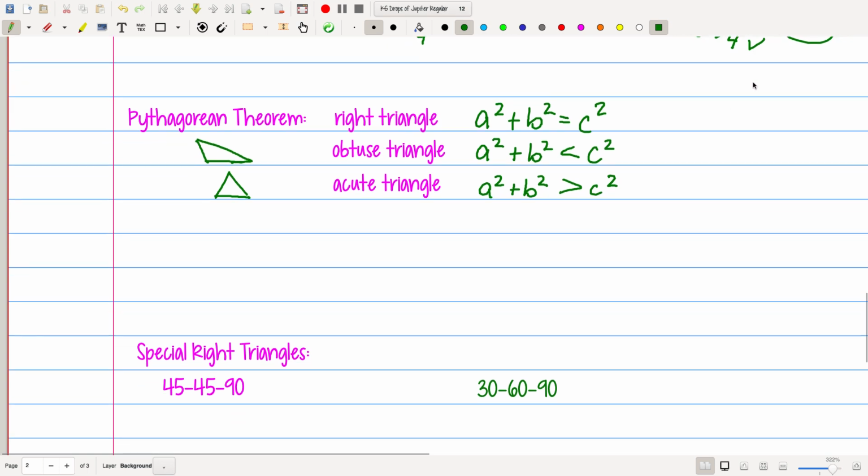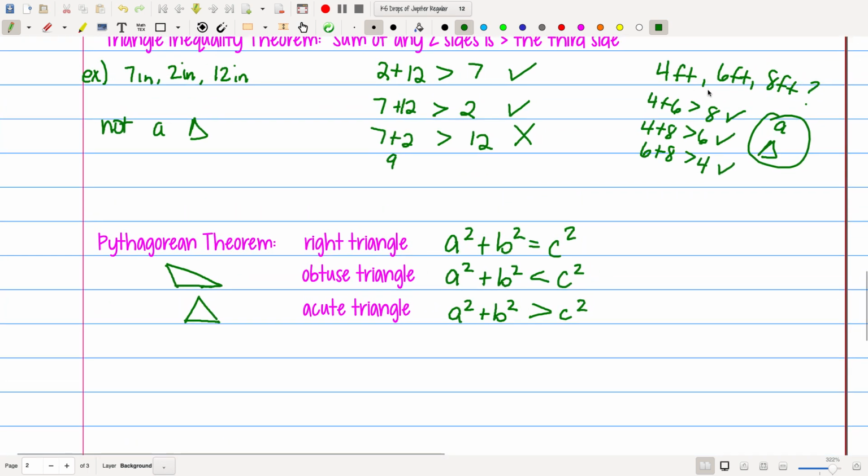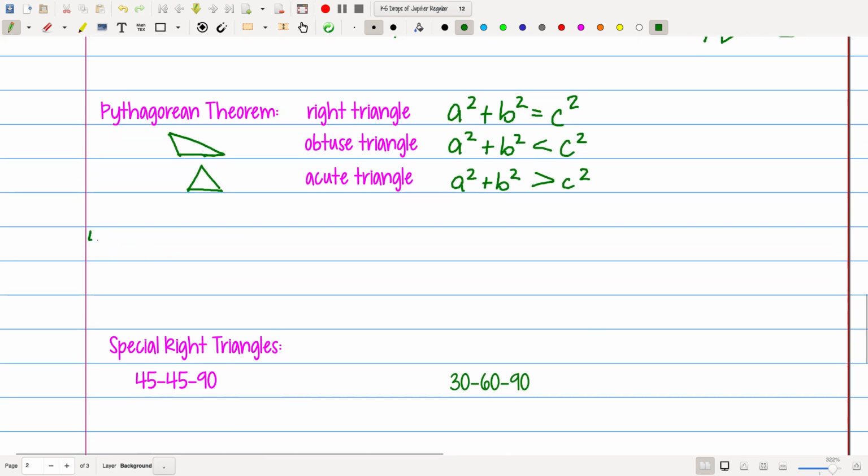So looking at this triangle up here that we said existed, if I have 4 feet and 6 feet and 8 feet, we've already determined that that's a triangle, but what type of triangle is that? Well, I know that 8 is my hypotenuse because it's bigger, so 4 squared plus 6 squared, what is that?